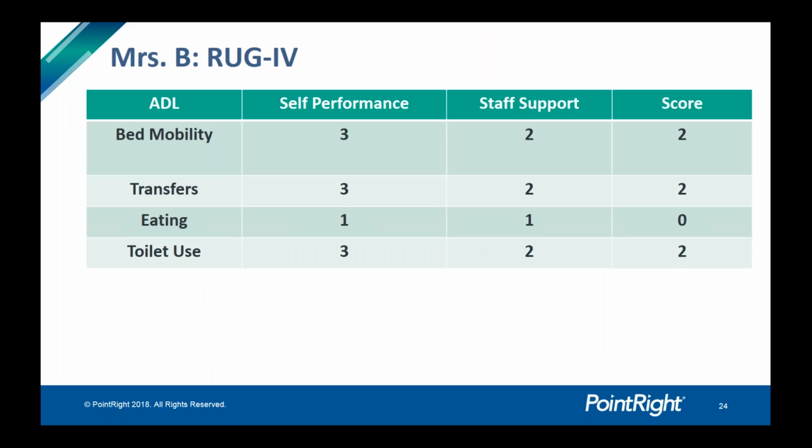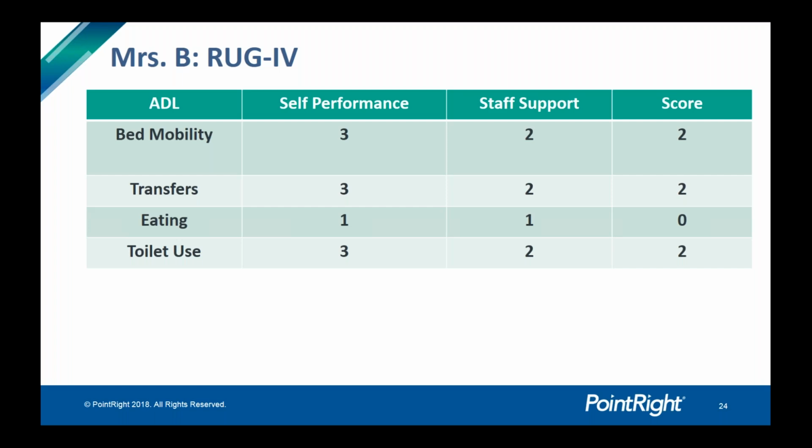So for the RUG-4 ADL coding, this would be a little bit different because Mrs. B needs a little bit more assistance in bed mobility and transfers, but she's not totally dependent. So we're looking at a self-performance of 3, weight-bearing assistance, staff support of only 1 person. She's not heavy. She's able to participate. So she really doesn't need 2 or more staff to assist her with these items.